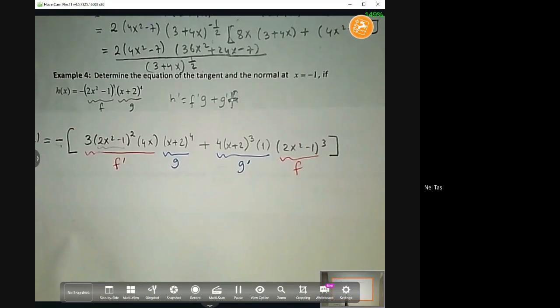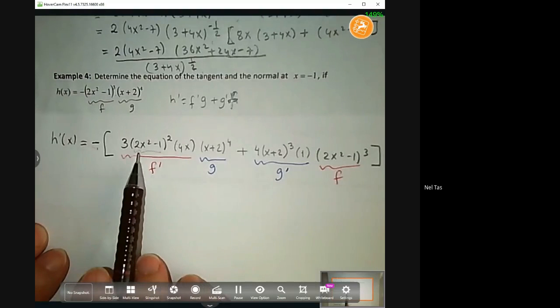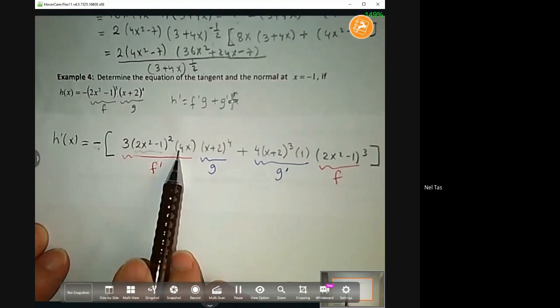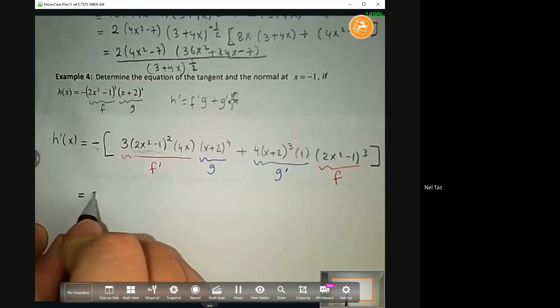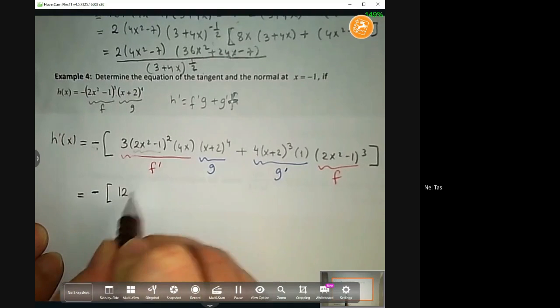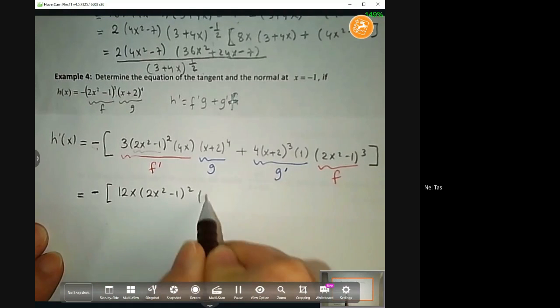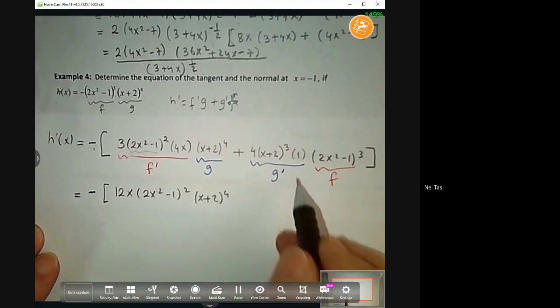Of course, after that, we need to simplify this. So check for the common factors. Let's collect the numbers first, before we factor. So 3 times 4x, 12x, 2x squared minus 1 squared, x plus 2 to the power of 4.